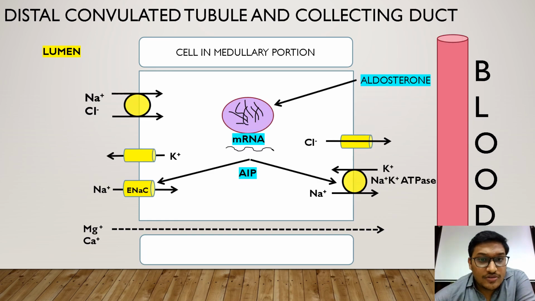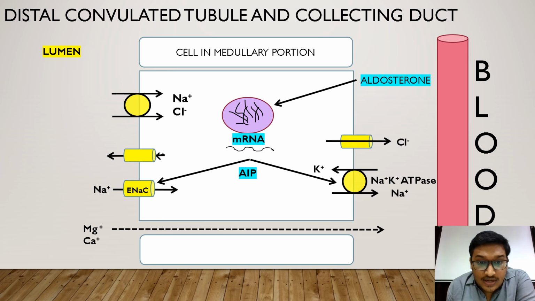Next, coming to the distal convoluted tubule and collecting duct, most of the mechanism acting here is almost the same. There is a sodium chloride symporter on the luminal side which transports sodium and chloride into the cell. This sodium and chloride enter the blood via sodium potassium ATPase and chloride channels, and at the same time potassium is secreted into the lumen via potassium channels.